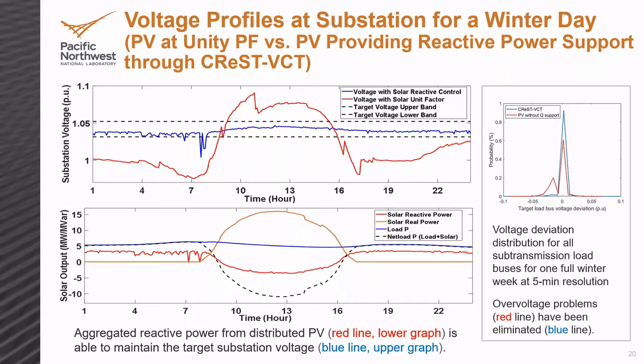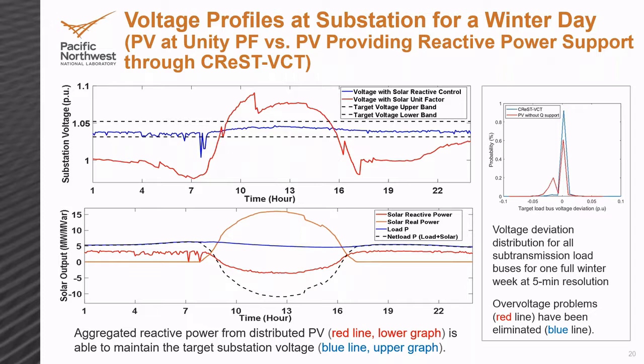During the early morning hours, the aggregated response from distributed PV was positive reactive power, which means it was providing reactive power, which translates into supporting the voltage up, and as a result, the voltage is moving from this red line to this blue line. And during the day, we have a higher voltage, so we want to take this voltage down, and the aggregated response from PV, as we are expecting, was absorbing reactive power, to bring the voltage within the required limits.